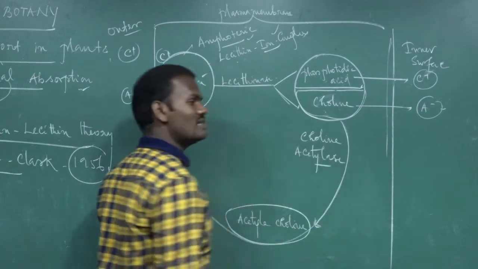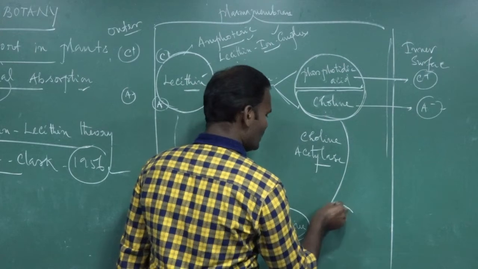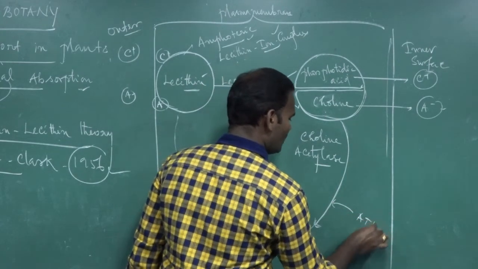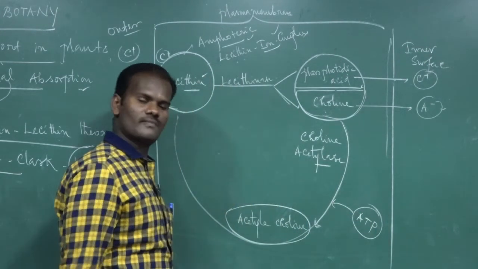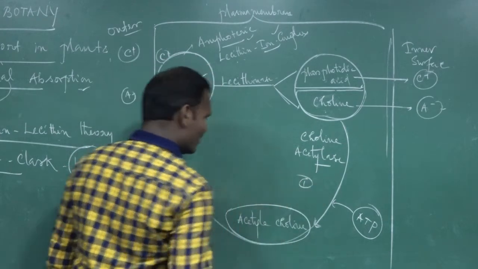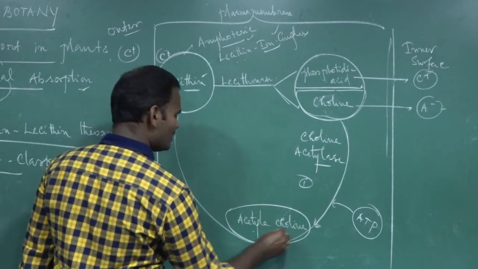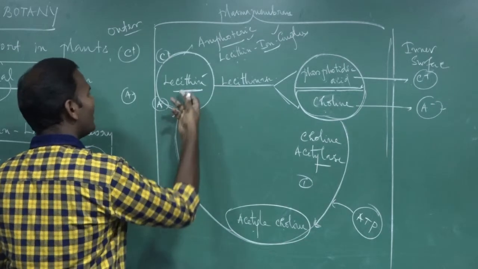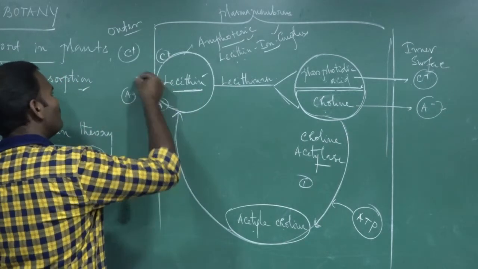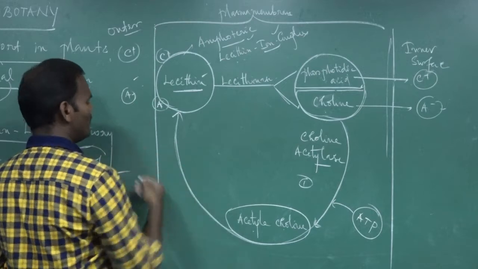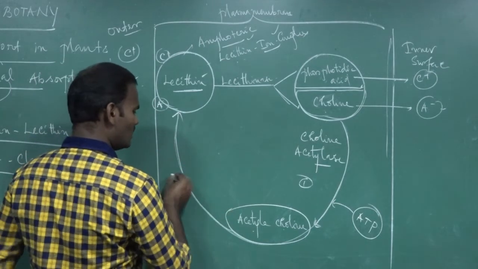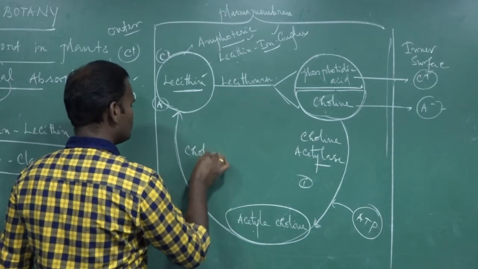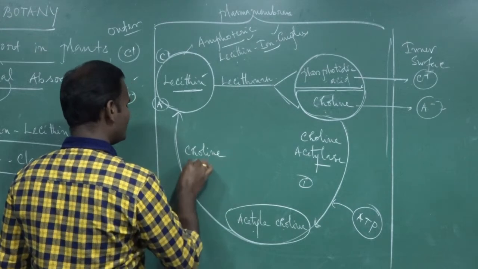Choline acetylase enzyme works with the help of metabolic ATP. These are the first steps. But in the second step, acetylcholine gets converted into lecithin again to pick up fresh ions, by the enzyme called choline esterase.